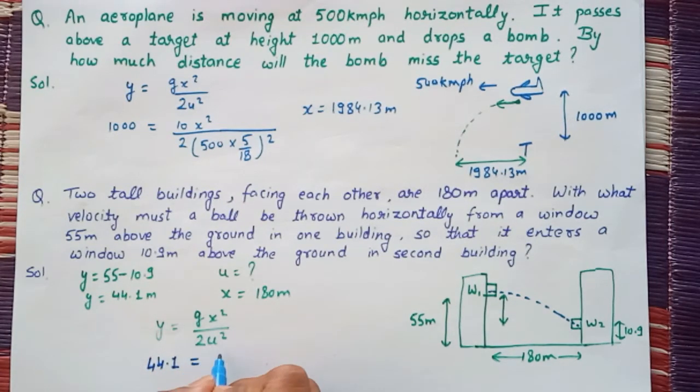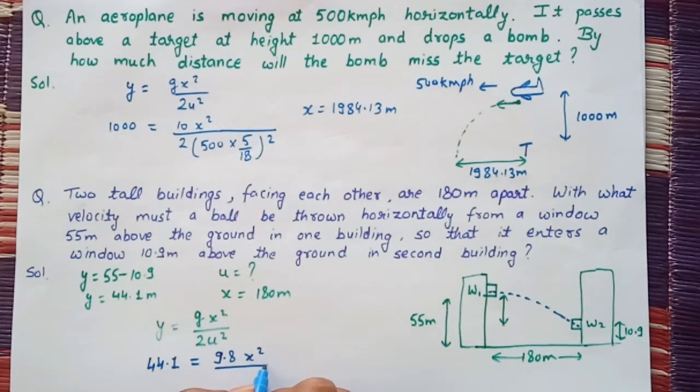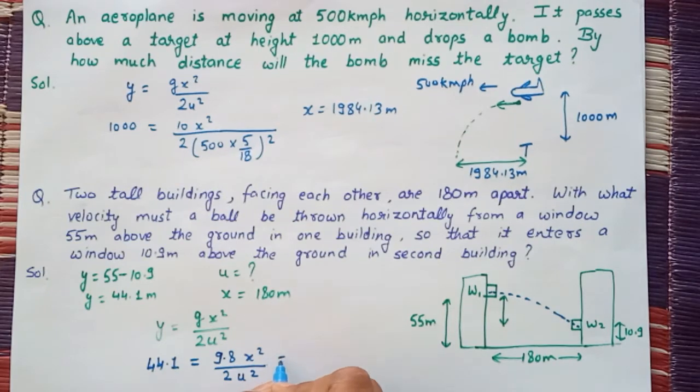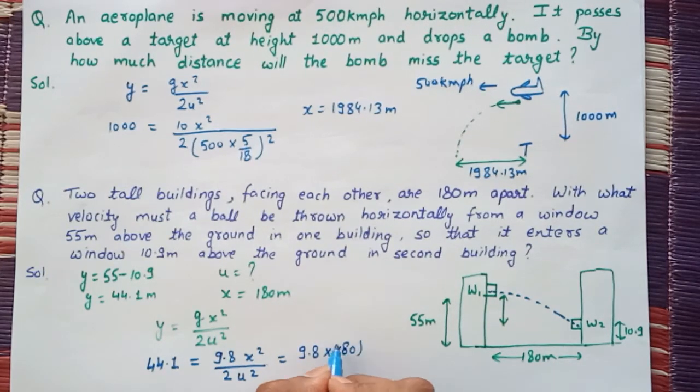Putting the value, what is y? 44.1 is equal to g, let it be 10 or 9.8, 9.8 multiplied by x square upon 2u square. Put the value of x also. What is x? x is 180. So I can write it as 9.8 into 180 whole square upon 2u square.